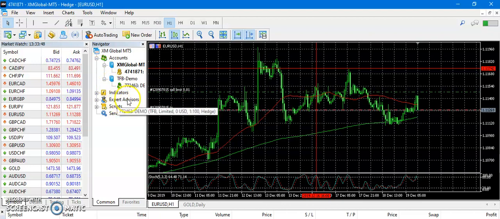We call it EA. When you want to use bots to trade like a robot, you can actually program it and it will trade for you. We have a lot of them out there, free ones as well as the ones you can buy. If you go to the MT5 website, you'll see a lot of them.